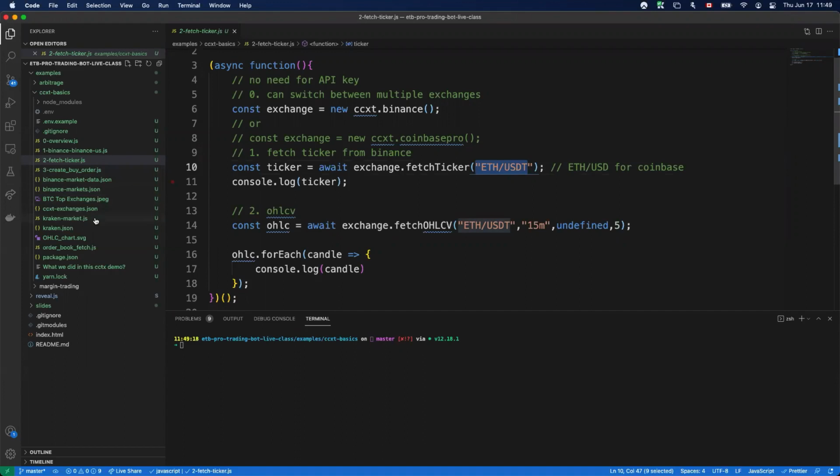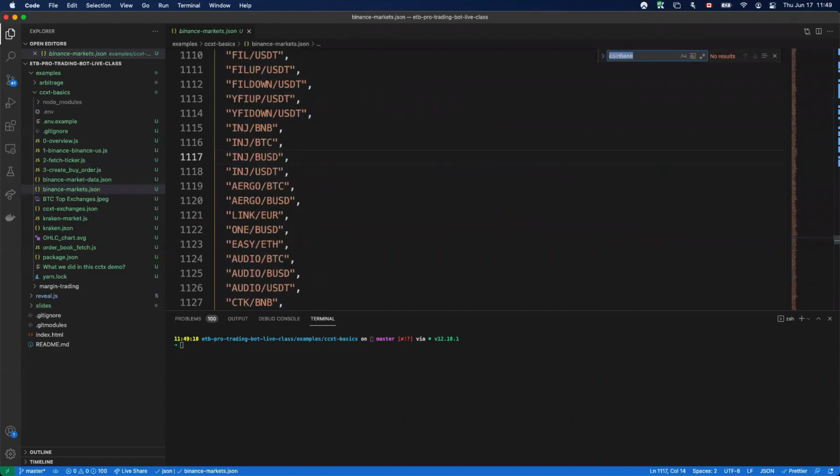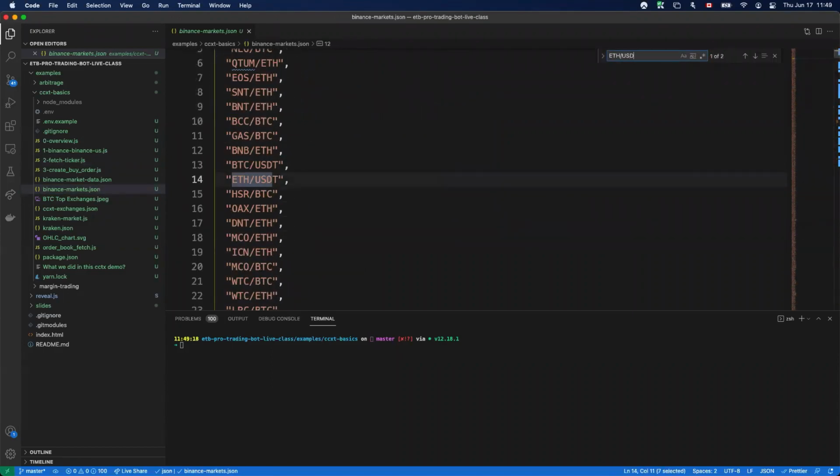Just a minute ago, we fetched the data from the Binance exchange, and there was one market called ETH and USDT, right? So we would like to fetch data. Now, we need to check whether the market exists or not. Otherwise, you're going to get errors when fetching the data, because that market doesn't exist on that particular exchange.